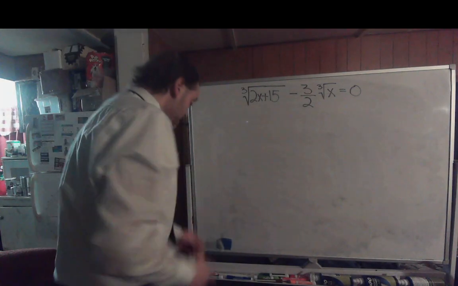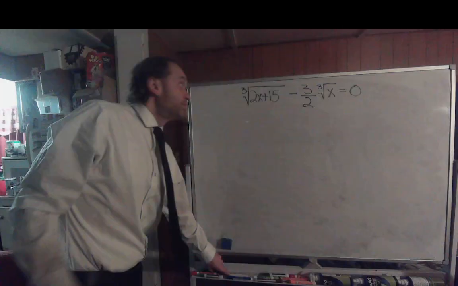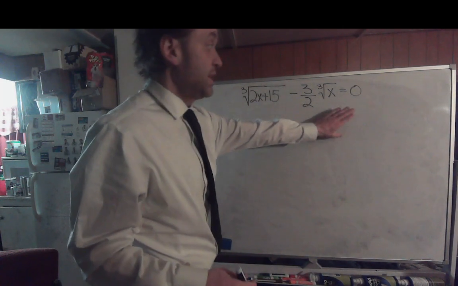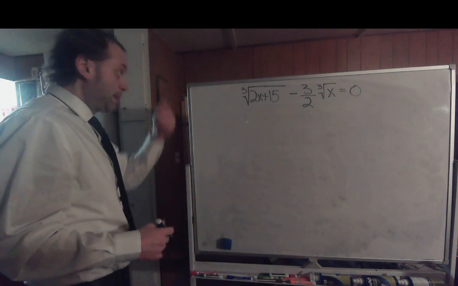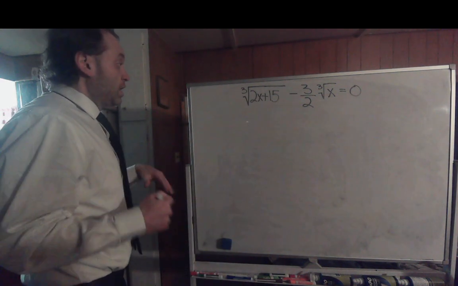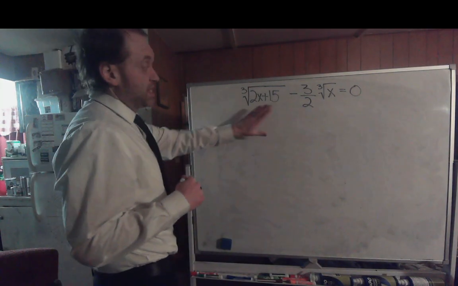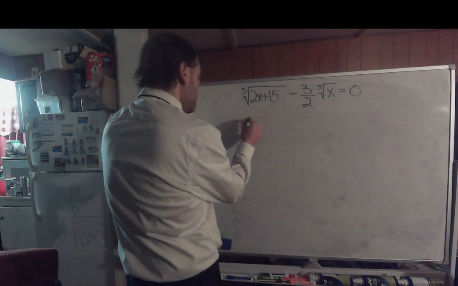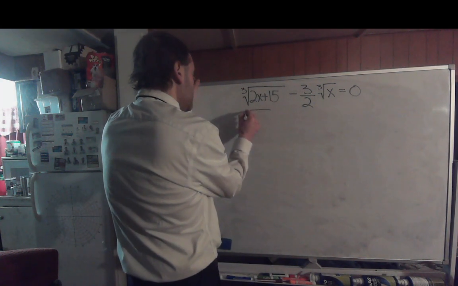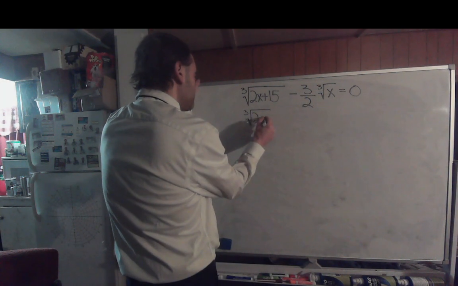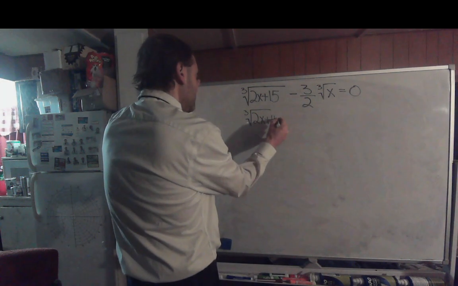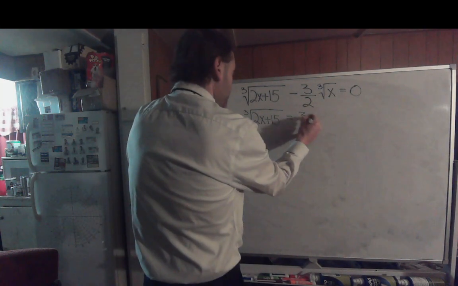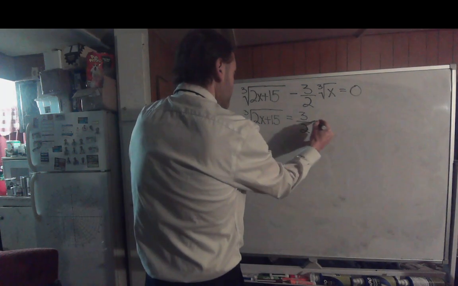Alright, so what we need to do is get this cube root of 2x plus 15 by itself, so that's going to look like the cube root of 2x plus 15 would equal 3 halves times the cube root of x.